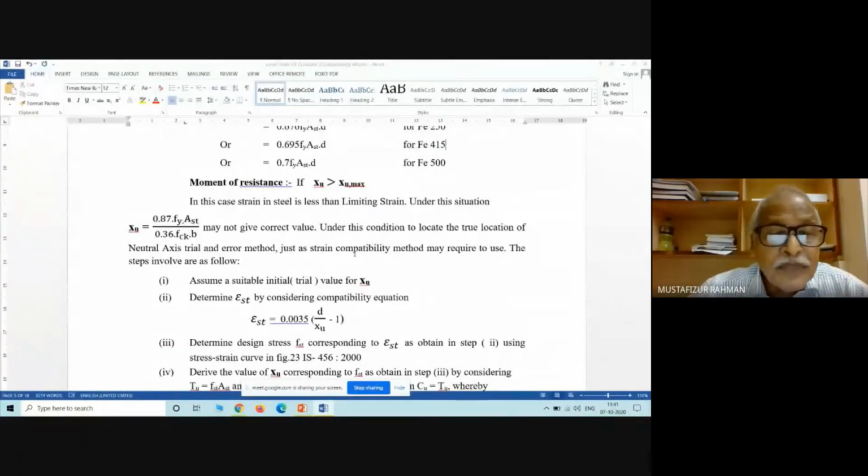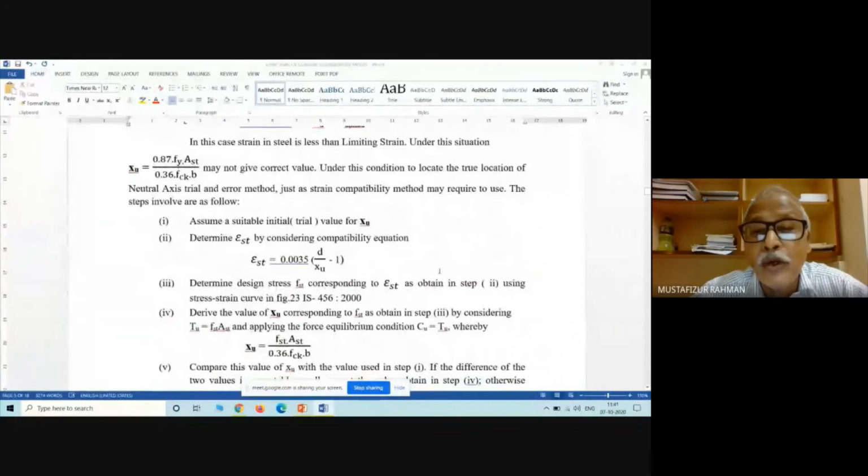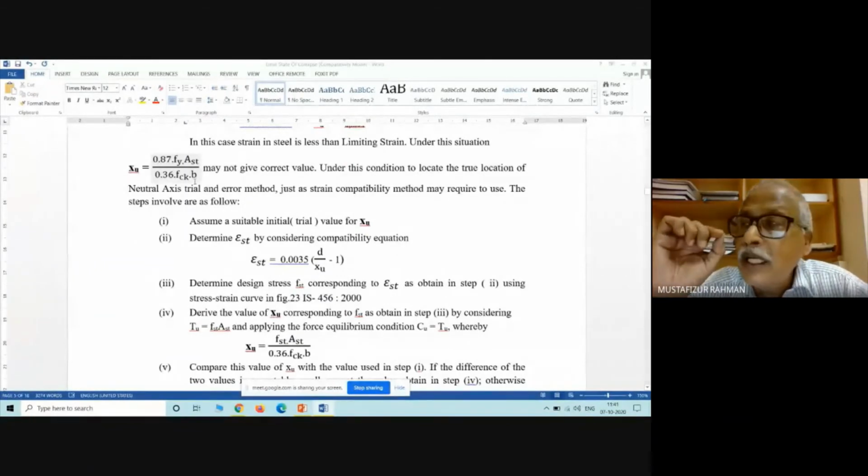So what is done? These steps are given: assume a suitable initial trial value of XU. Where from? Whatever value we get with respect to this expression, XU is equal to 0.87 FY AST divided by 0.36 FCK B, assume that is the correct value.